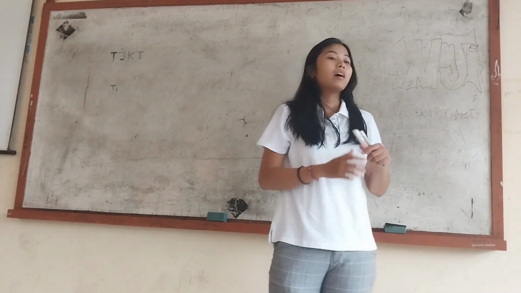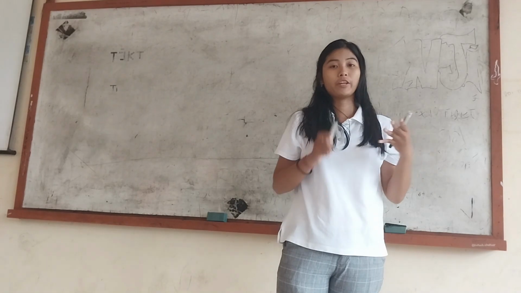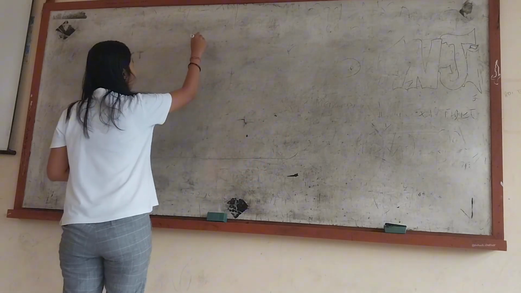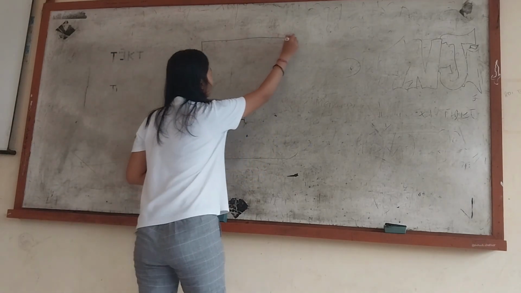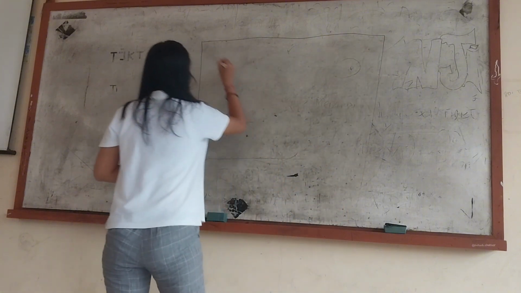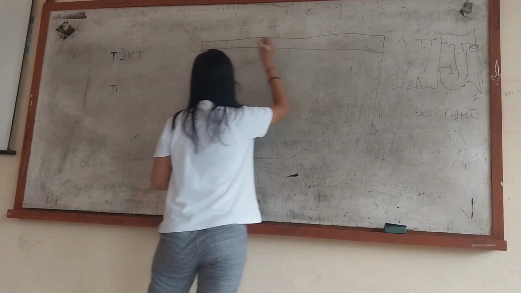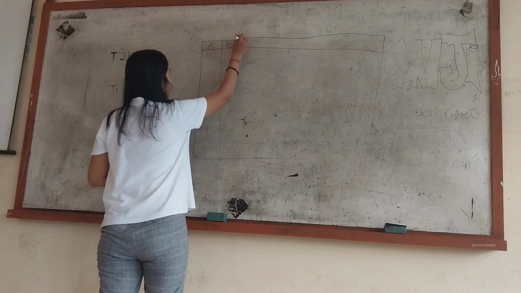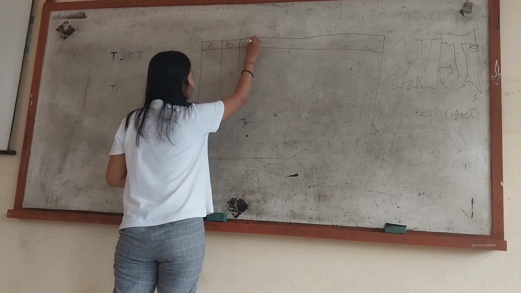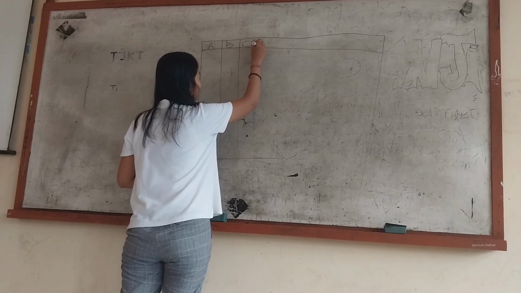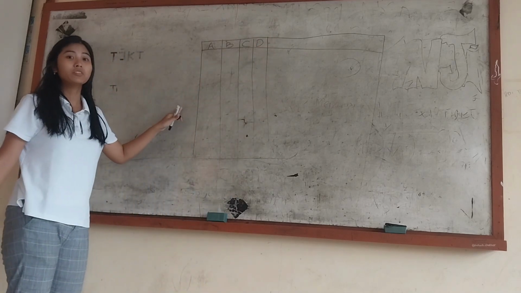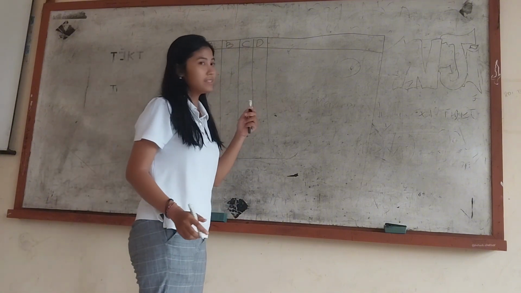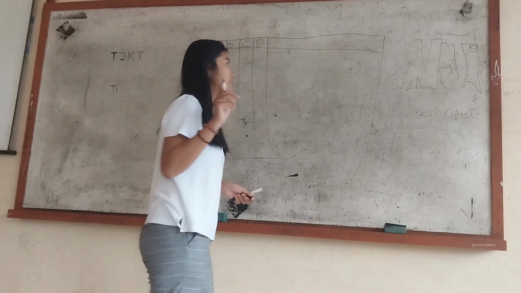So in here, in the truth table, we have 4 inputs, A, B, C, and D. And this is the input, and now I will write the output: A, B, C, D, E, F, G. 7 outputs.